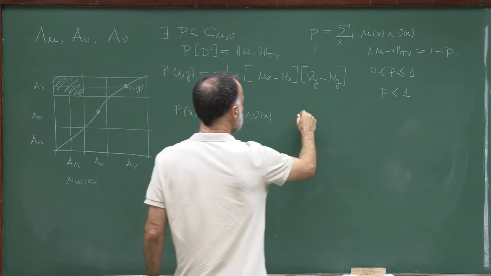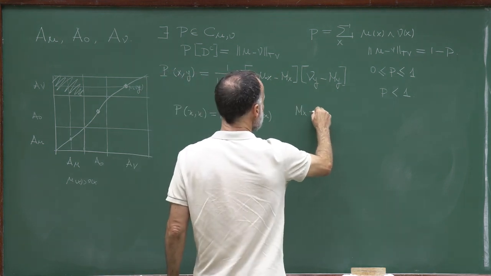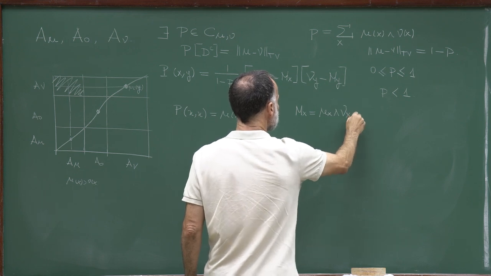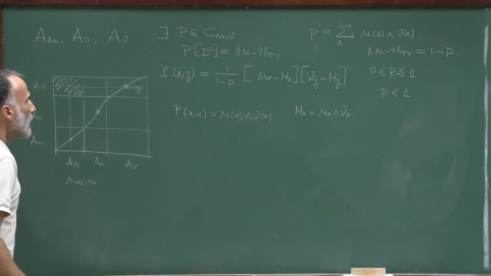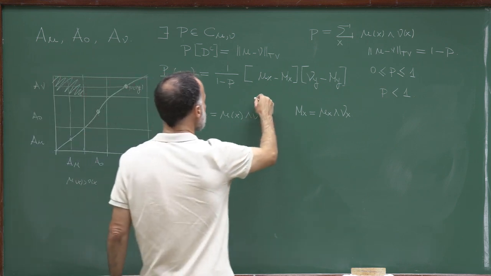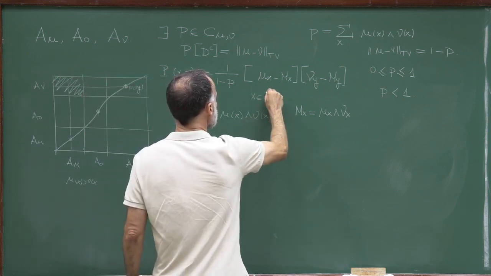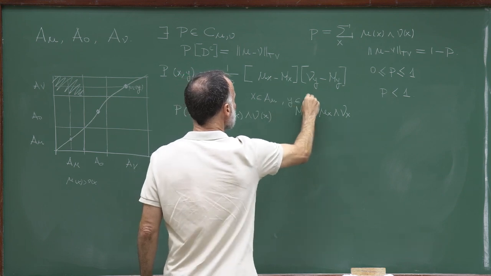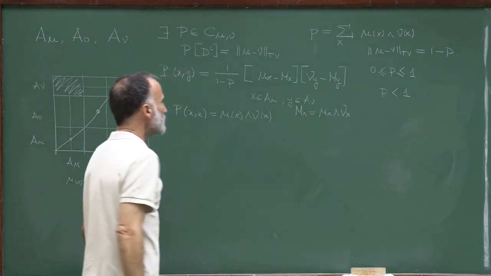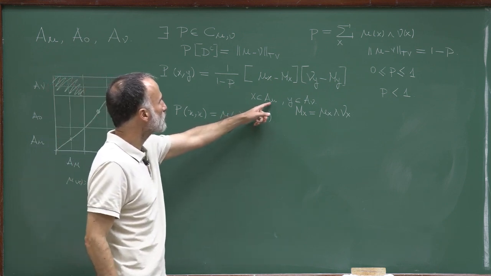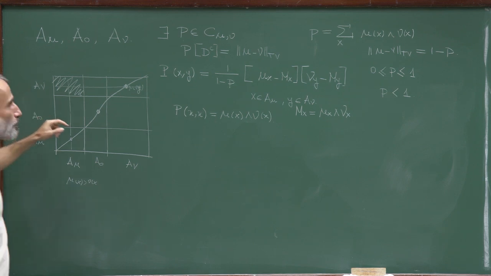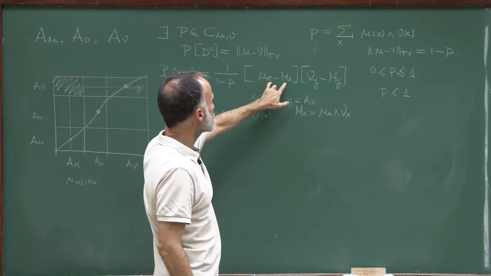So mx is equal to the minimum of mu x and nu x, and this is for points x in A mu and y in A nu. Mind that if x does not belong to A mu, if x belongs to A0 or to A nu, this difference is 0.